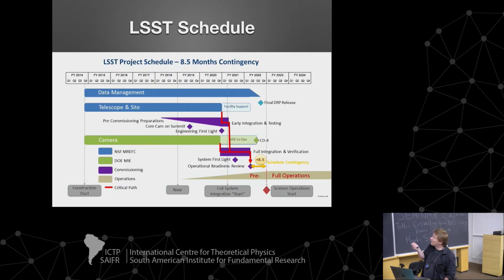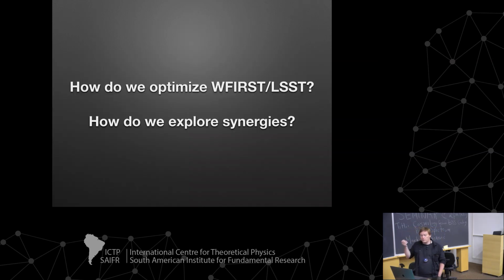Timeline of LSST. This is very complicated, but in principle, full operations would start here at 2022, roughly three years before WFIRST. And that's actually quite interesting. So how do we optimize this? How do we explore synergies? You can put yourself at the timeline when WFIRST launches, 2025. By that time, LSST will have operated for already three years.